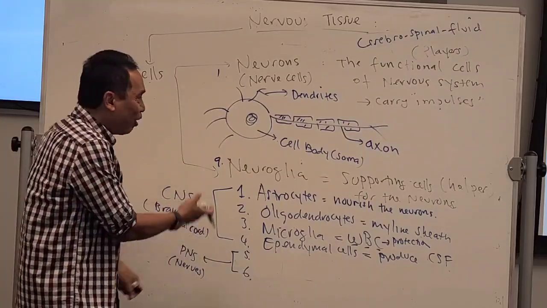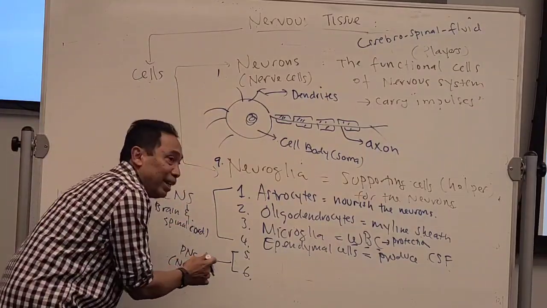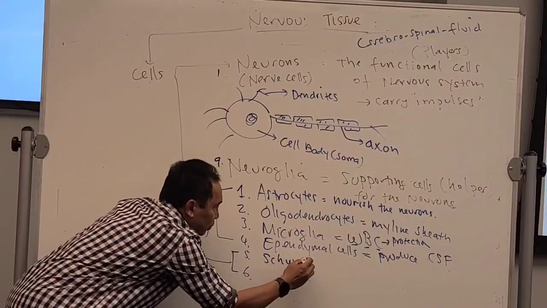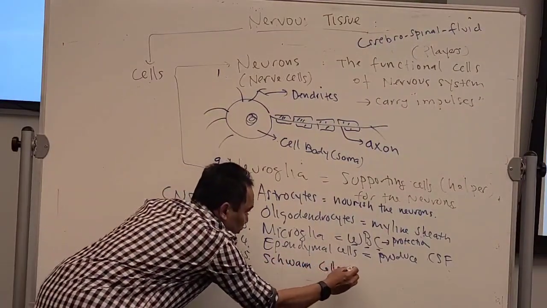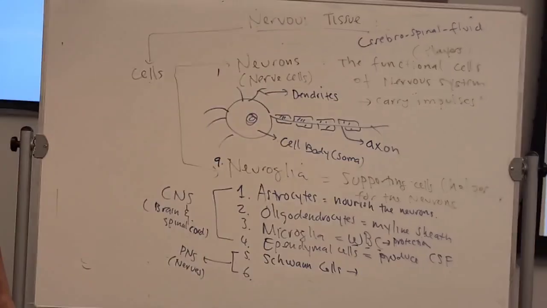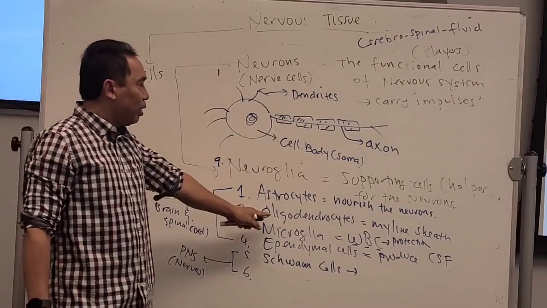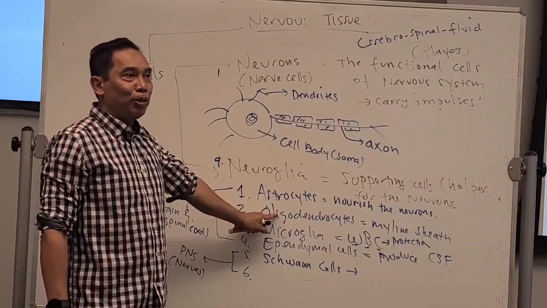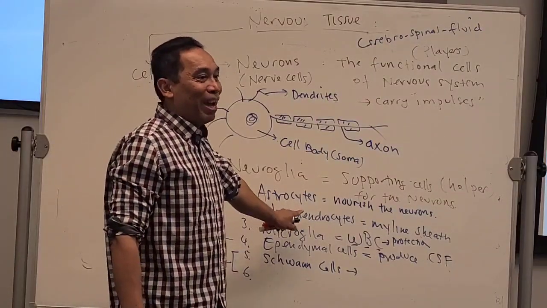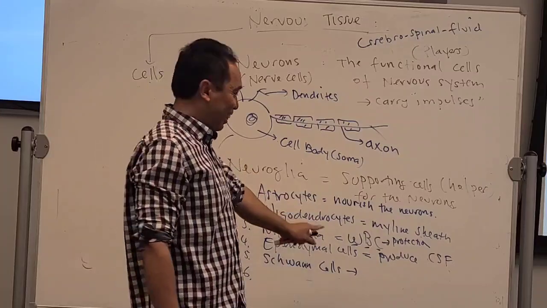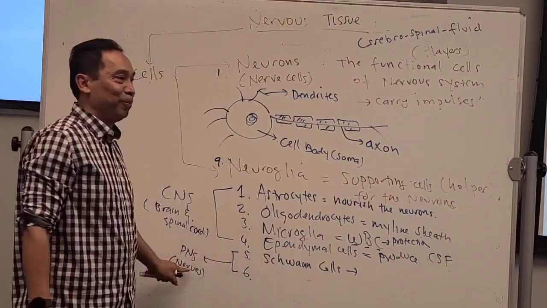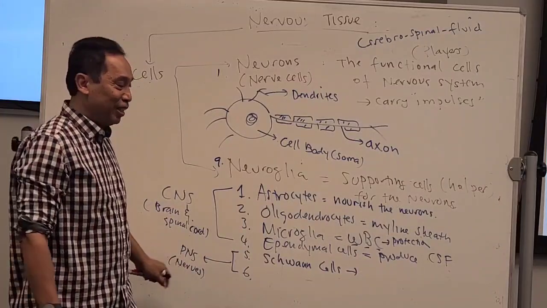The other 2 neuroglia are located in the PNS. The first one is called the Schwann cell. This Schwann cell is the same as the oligodendrocyte. It produces myelin sheath, for the neuron of the nerve.